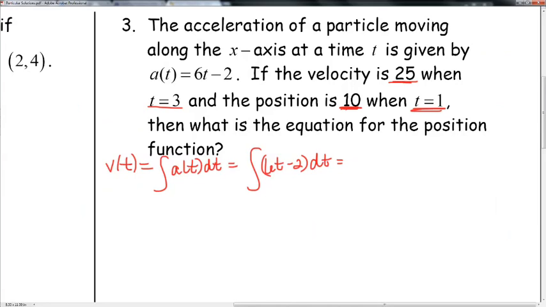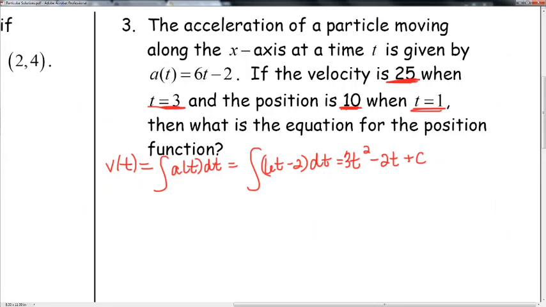And so that's going to give me 3t squared minus 2t plus c. And the information it gave me was, again, 25 is my y coordinate, and 3 is my t, so I can solve for c using those.